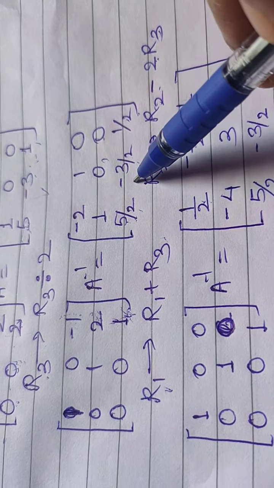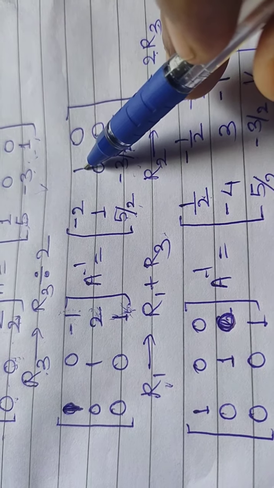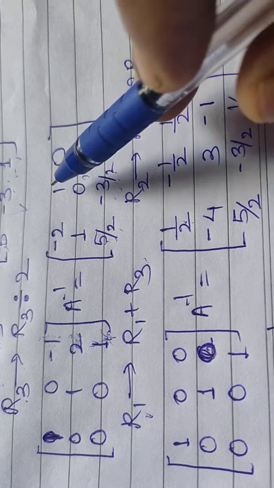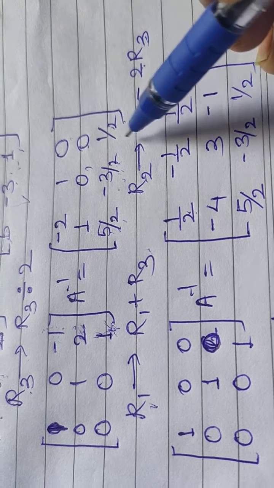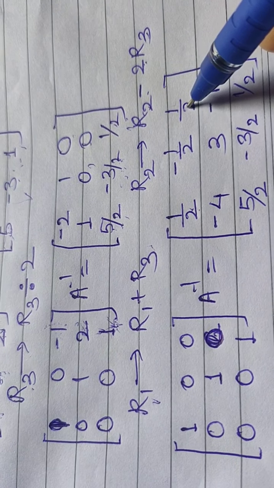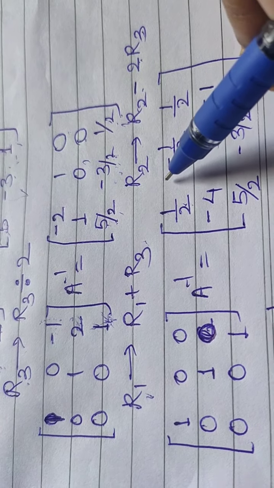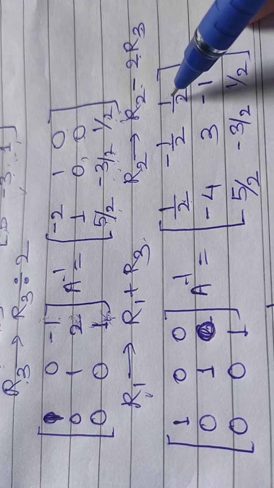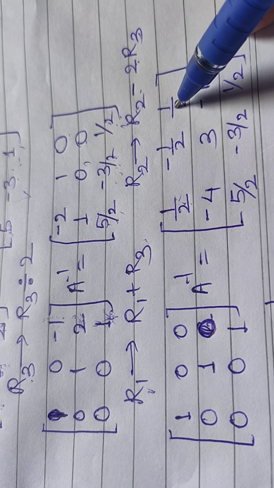Then 1 minus 3 by 2 becomes minus 1 by 2, and 0 plus 1 by 2 becomes 1 by 2. So when it is in fractions, be careful in addition or subtraction of the fractions.